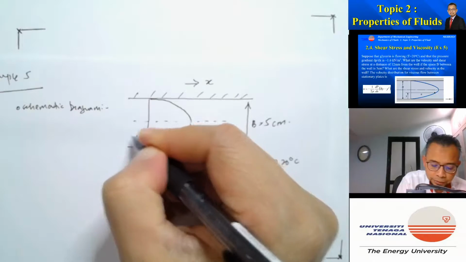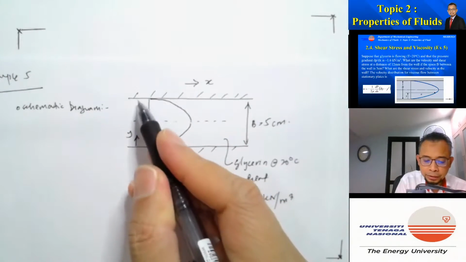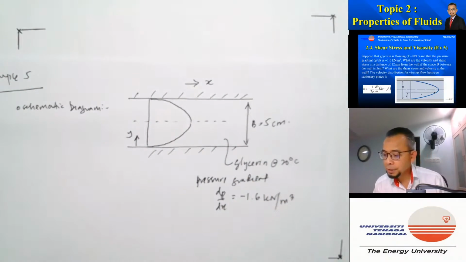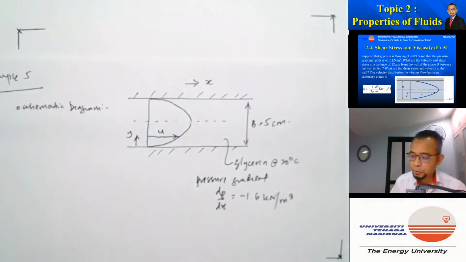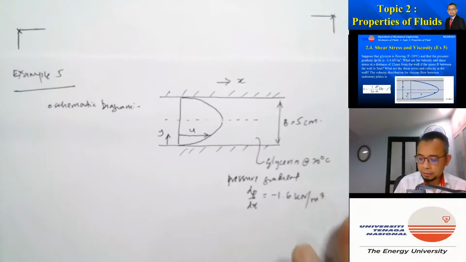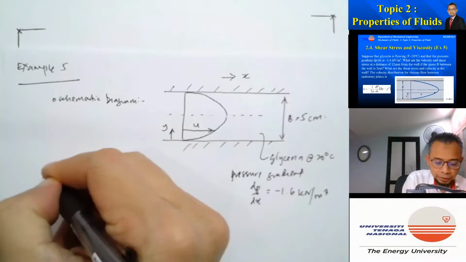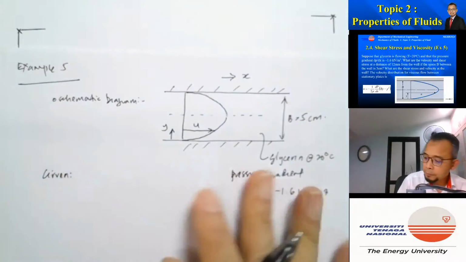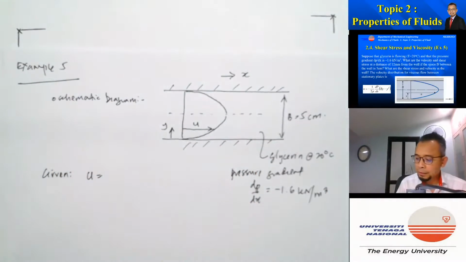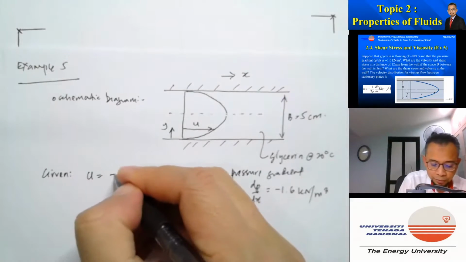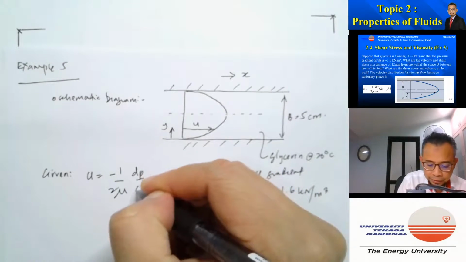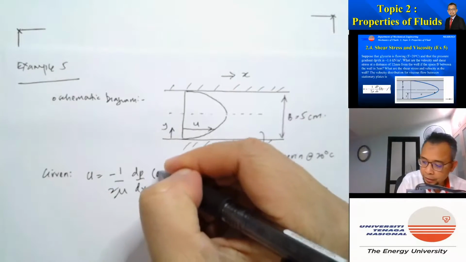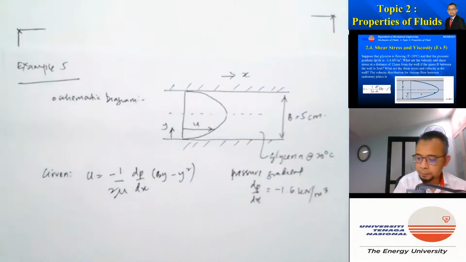So y is this way. y equal to 0 here, and here is y equal to 5 centimeter. At any one point, the velocity is equal to u, and the expression for u is given. So the velocity profile, sometimes we use v, but in this case we use u, is u equals minus 1 over 2 mu, dp dx is just a constant, don't have to worry about that, times B y minus y squared.